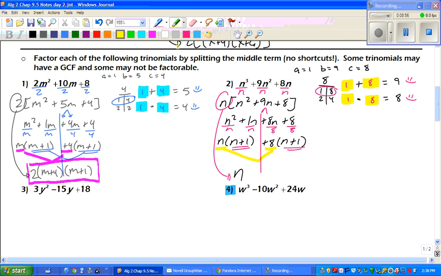And the n plus 8, so those two are going to come together. We get n plus 8, n plus 1. And then the last thing we gotta do is just put a box around our final answer. Okay? So always, always, always check to see if there's a GCF.